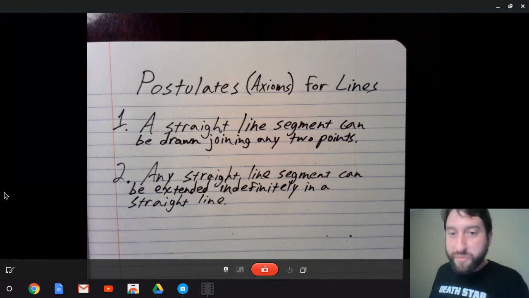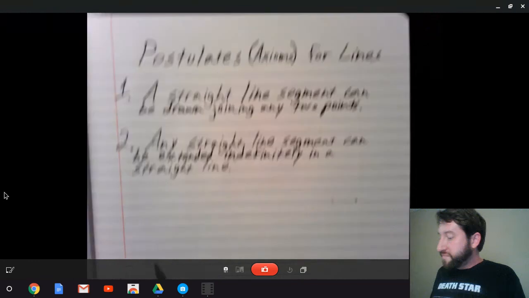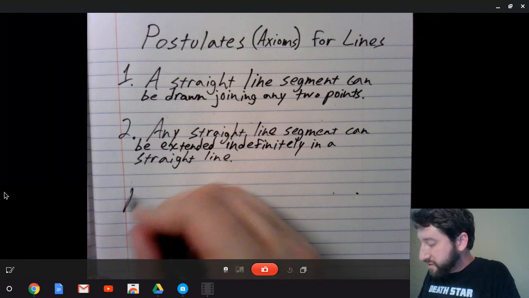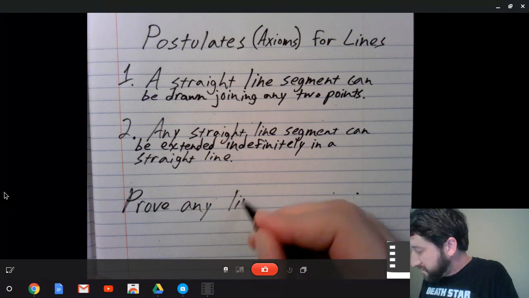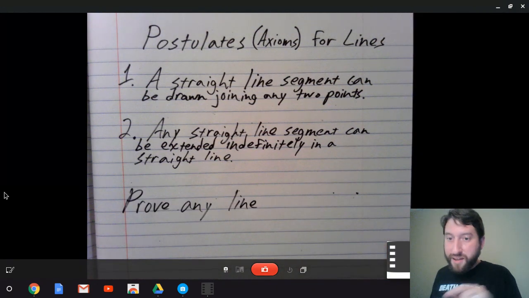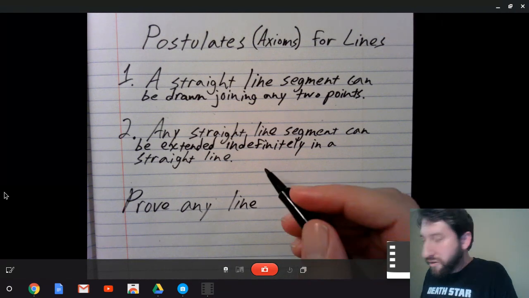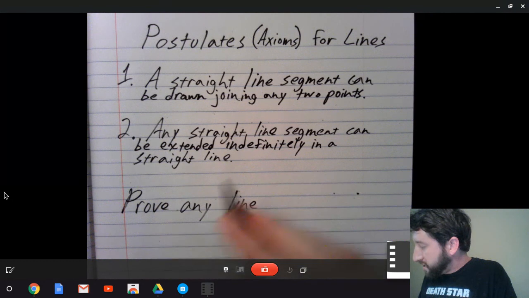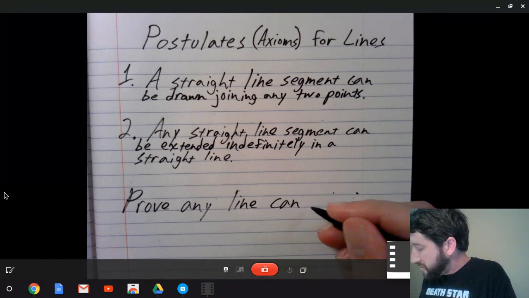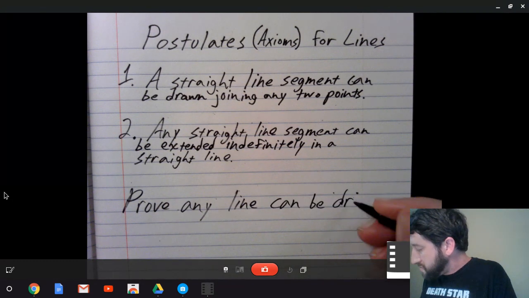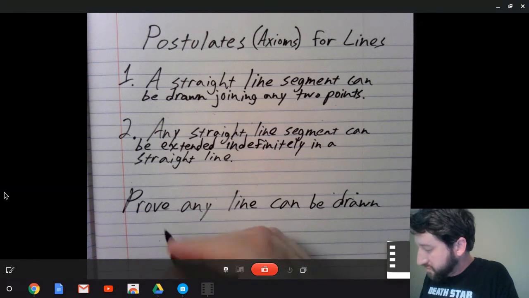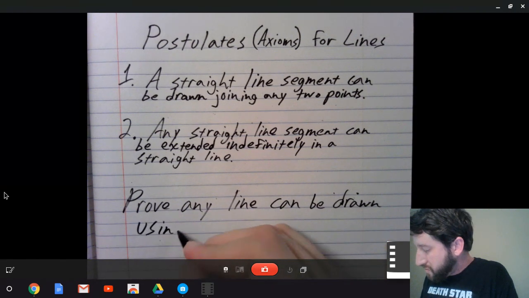So in the homework, I'm going to ask you this question. Prove, there's that word again, prove any line, not line segment, okay, any line can be drawn using 2 points.